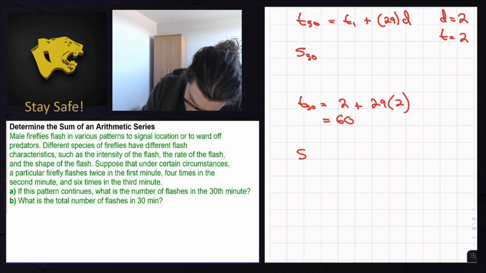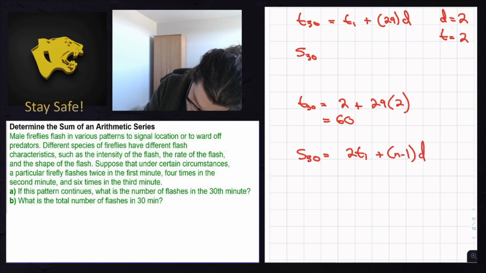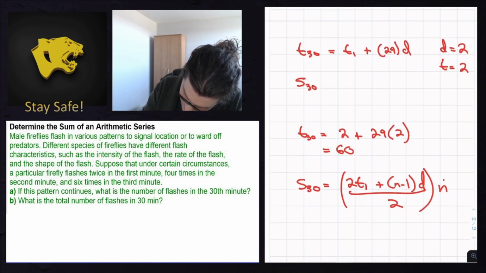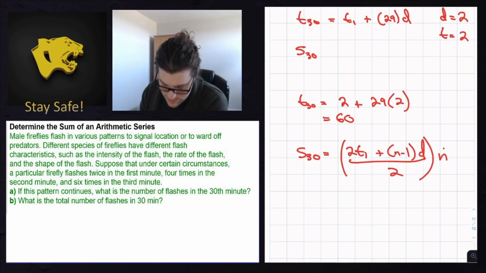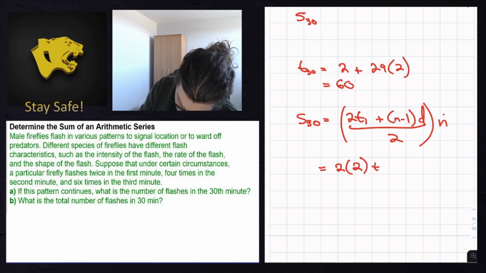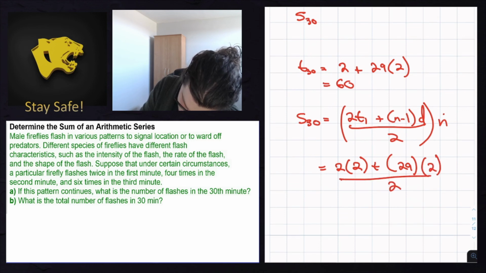The sum is going to be equal to 2 times T1 plus n minus 1 times d over 2 times n. So I'm just going to double check that. It looks good. So now we have all the pieces we need to develop the answer to this sum. So it's 2 times 2 plus 30 minus 1 is 29, common difference of 2, over 2 times the number of terms there, which is 30.